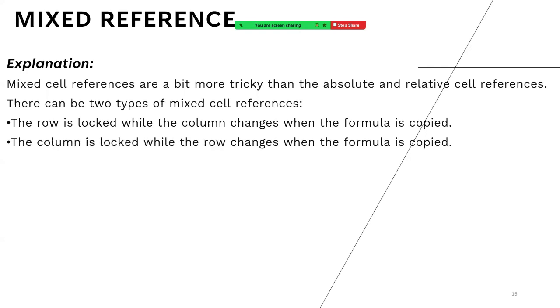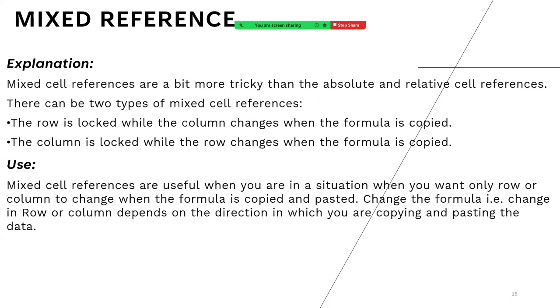Or the second is, the column is locked. That means you have put a dollar sign in front of the column, but in front of the row number you have not used the dollar sign. So the moment you keep on copying the formula, the rows will keep on changing, but the column will not change.